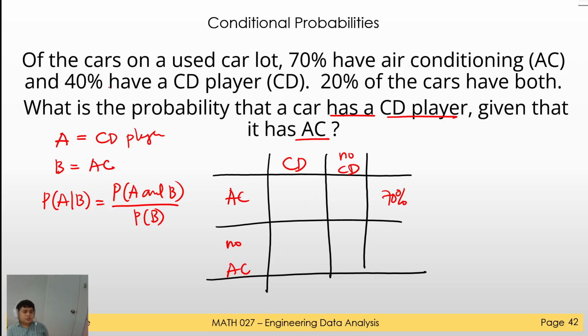And then 40% have CD players, so this is a total for the CD players. And then 20% have both, a CD and an AC, so there is an intersection between these two. So this will be your contingency table.